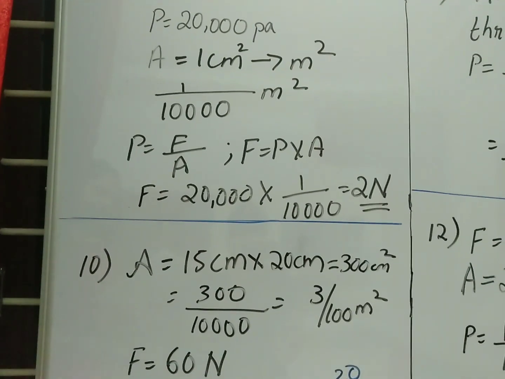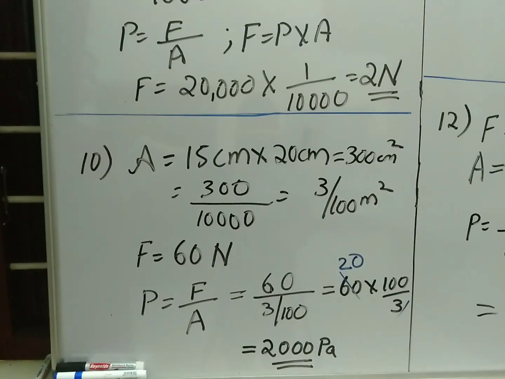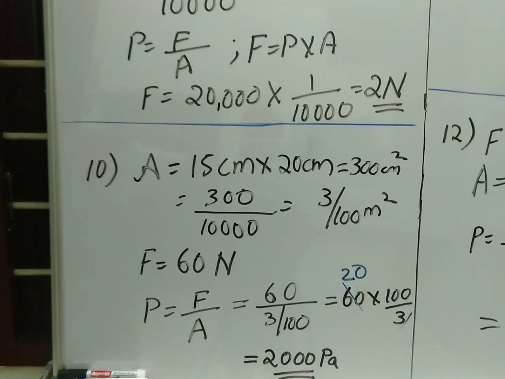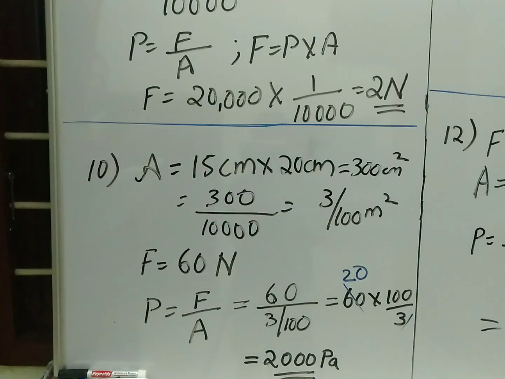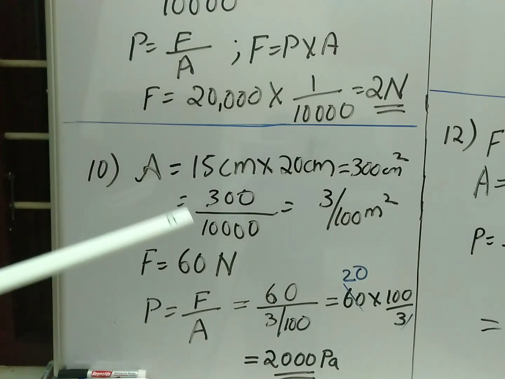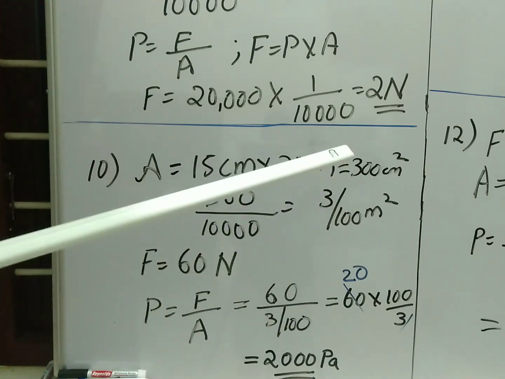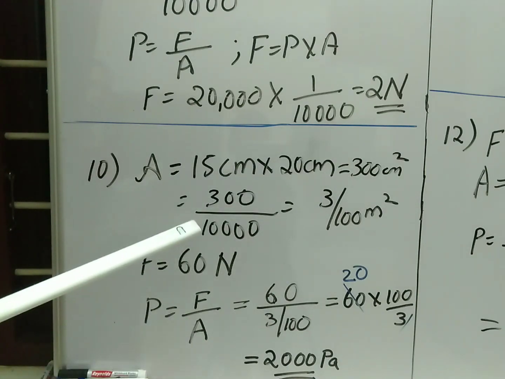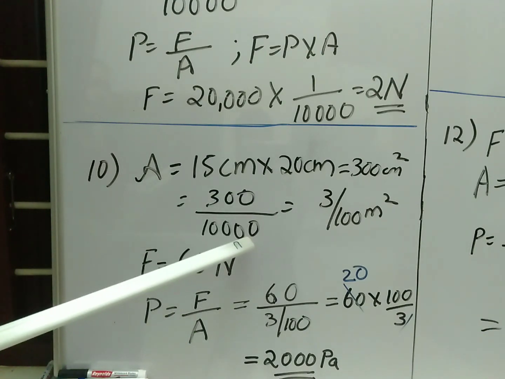Question number 10. The base of a container measures 15 centimeter into 20 centimeter. So the dimension of the container is given, 15 centimeter into 20 centimeter. That means we have to find the area. Area is length into breadth. 15 into 20, you will get 300 centimeter square. Again you have to convert into meter square, divided by 10,000. 2 zeros get cancelled.